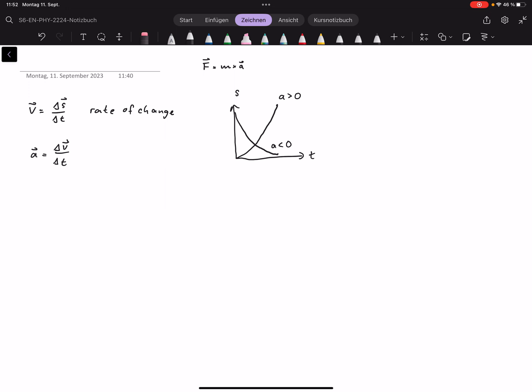Now we start with a little example. Let's consider a car and it is accelerating with, let's say, 5 meters per square second.